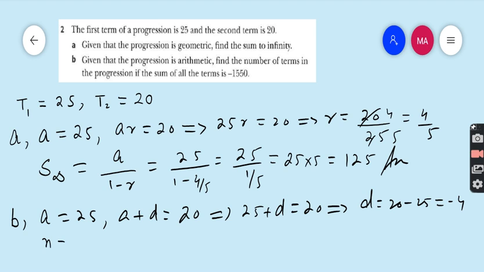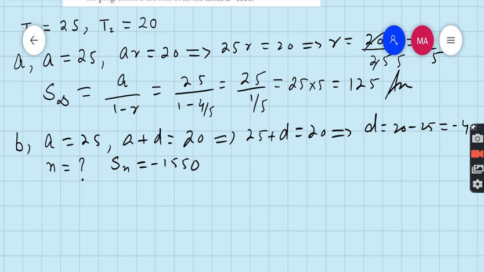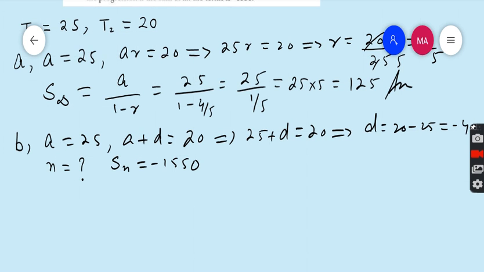Number of terms means we have to find n, if the sum of all terms is minus 1550. So Sn is given in this question, that is minus 1550. We have to use the formula of sum to n terms in an arithmetic series.